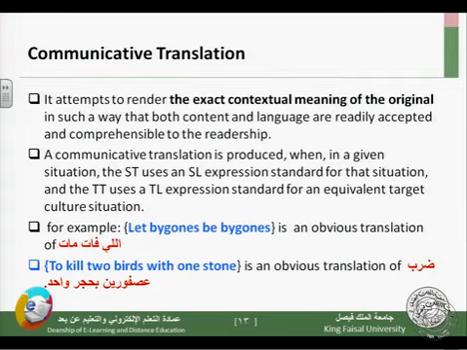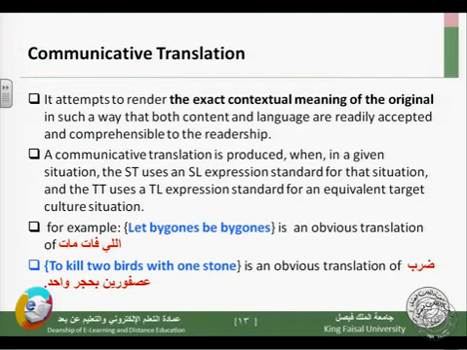Now let's go back to our example, "اللي فات مات." If there is an equivalent in the target language, then you have to use it. This is what we mean by communicative. You don't have to say "the past died." There is an equivalent in English: "Let bygones be bygones."